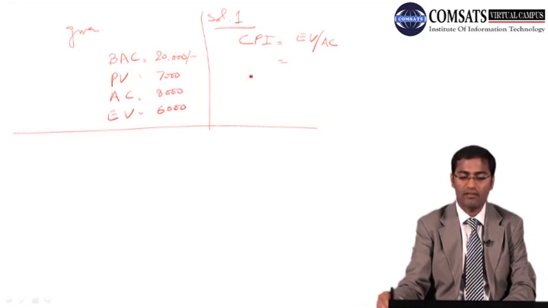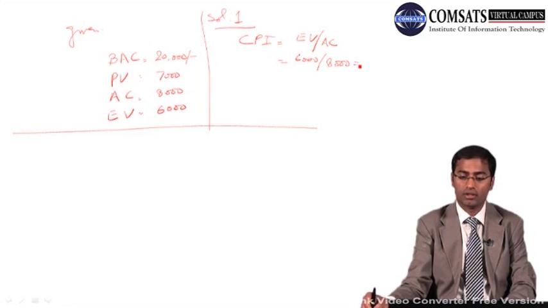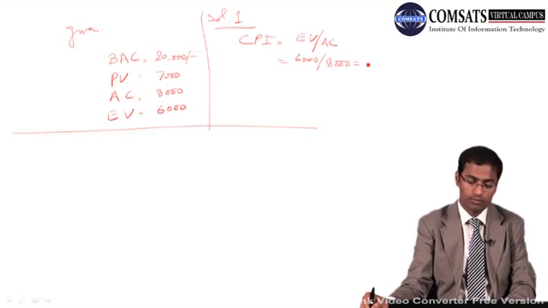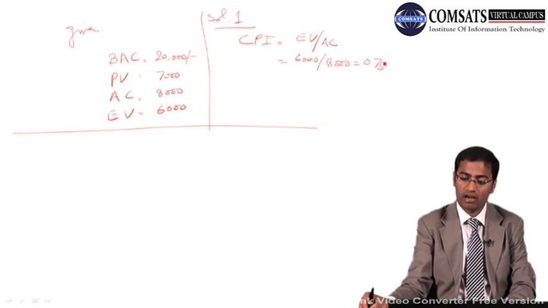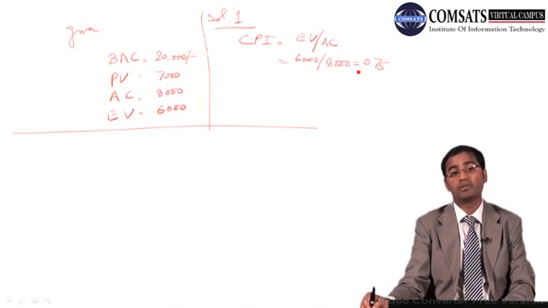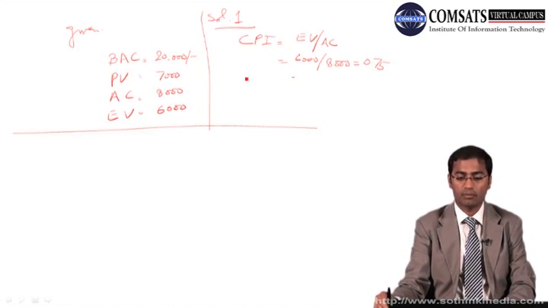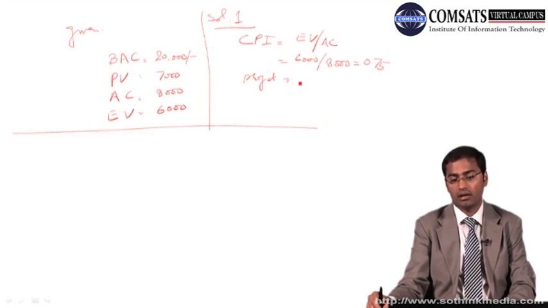EV is 6,000 and AC is 8,000. So this is equal to 0.75. So we are using our cost resources up to 75%, and the project is over budget.